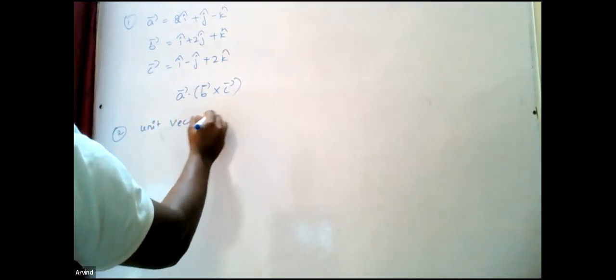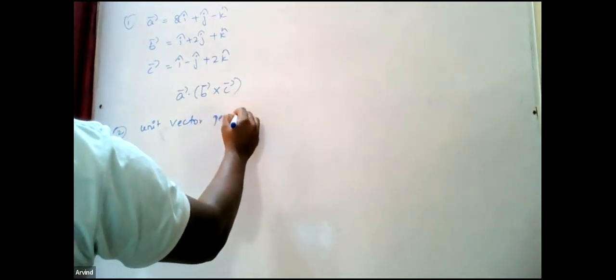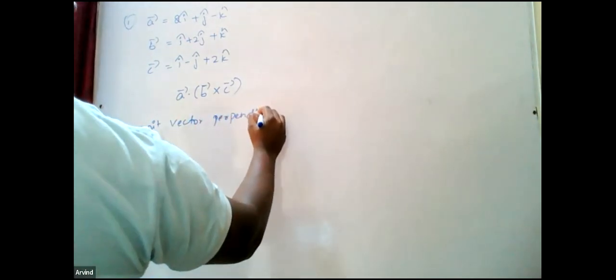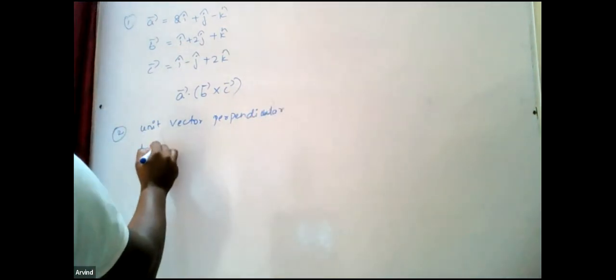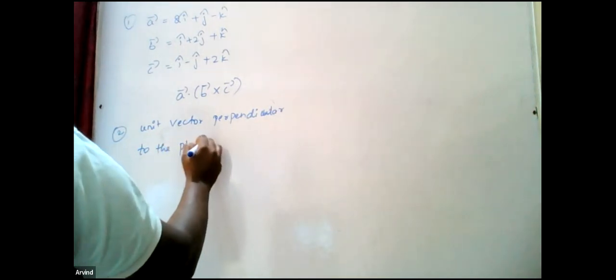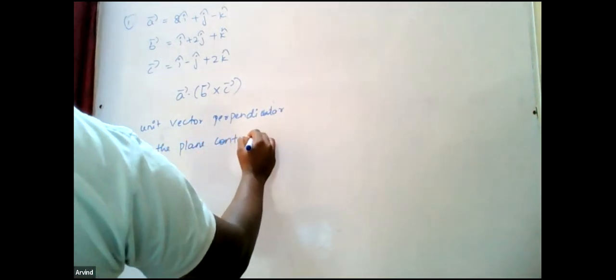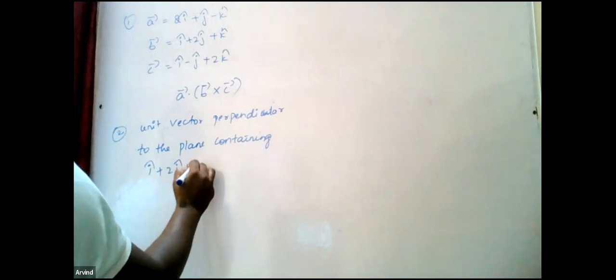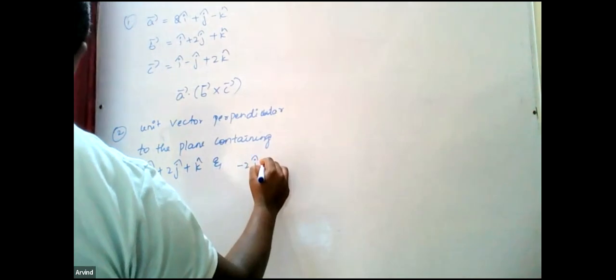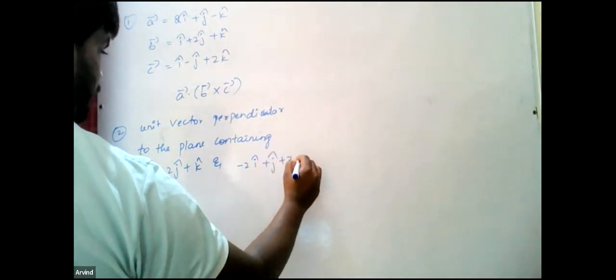Okay, take the second one. Unit vector perpendicular to the plane containing i cap plus 2j cap plus k cap and minus 2i cap plus j cap plus 3k cap.